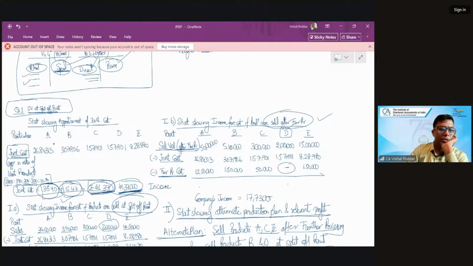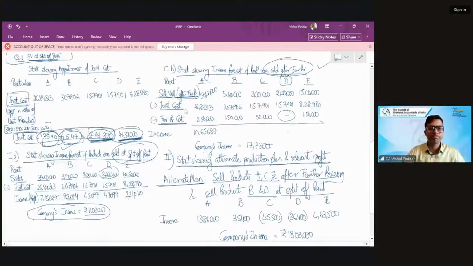Medha has now started giving me the next profits, I suppose. 1065687. 52094. 92099. 42099.